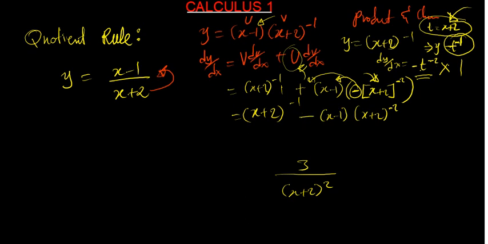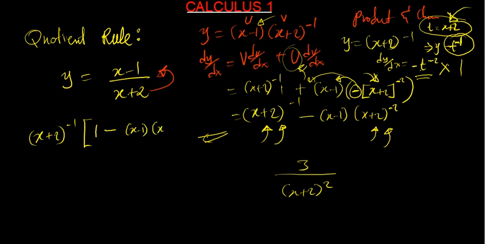Okay, at this point now we can factorize. We can see x plus 2 here. Can also see x plus 2 there. So what to do, let me write from here. We can factorize out x plus 2 to the power negative 1. So what you are going to remain with is, here we've removed x plus 2 to the power negative 1. I'm going to remain with only 1. And then minus. Here we've removed x plus 2 to the power negative 1. So we're going to remain with x minus 1.